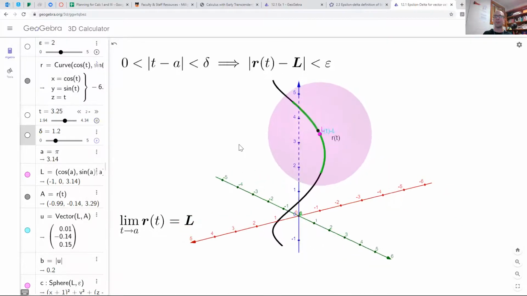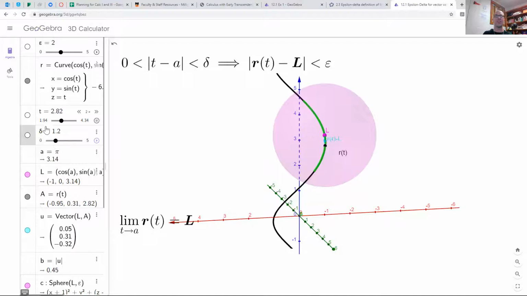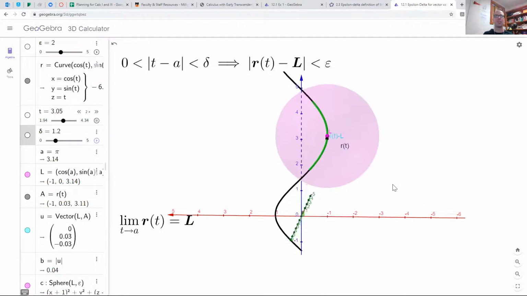which value of t we put in, as long as it's sufficiently close to the t value corresponding to L, which in this case is pi.